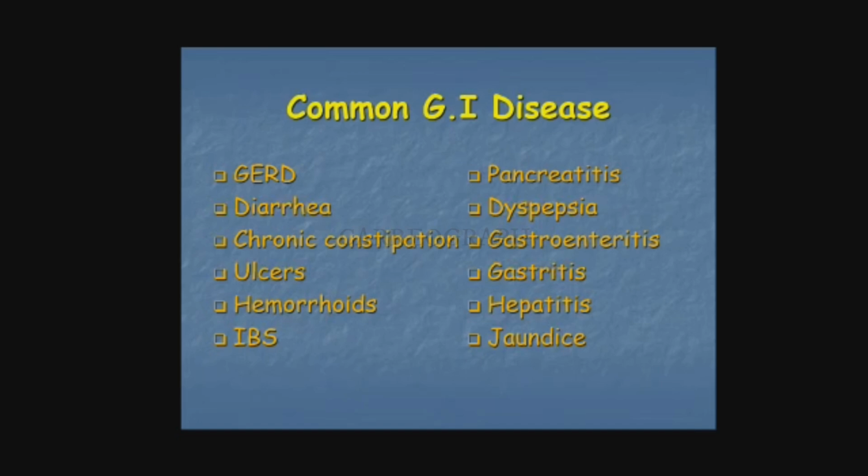This gastritis is inflammation of the stomach. Hepatitis. Hepatitis is inflammation of the liver. And jaundice. See, jaundice is seen when excess bilirubin is present in the blood. This bilirubin is a yellow color pigment secreted by the liver. So friends, here we complete the chapter of metabolism and the diseases of the gastrointestinal tract.